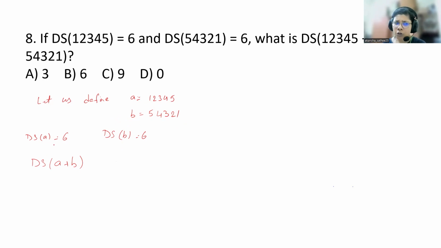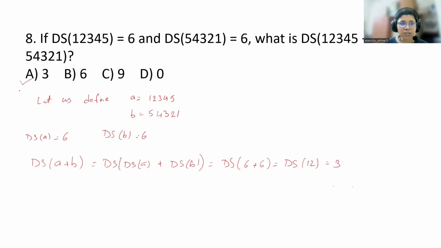But you are already given digit sum of A and digit sum of B. You know the rule of addition: either first compute the operation and then do the digit sum, or first compute digit sum, add them, and then compute digit sum again. So digit sum of A is 6, digit sum of B is again 6, and that is 12. So digit sum of 12 is 3. So which option is correct? This one is correct. Simple, no?